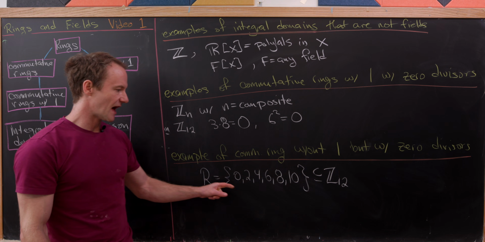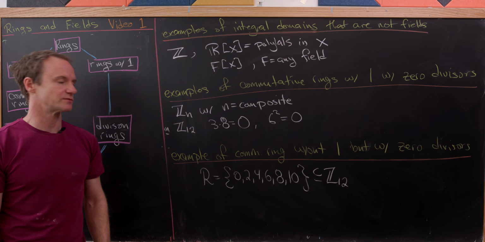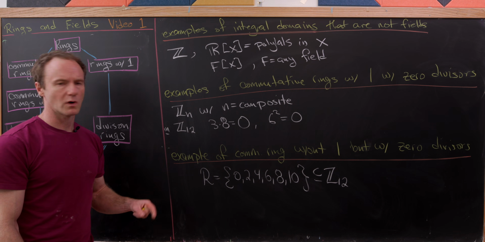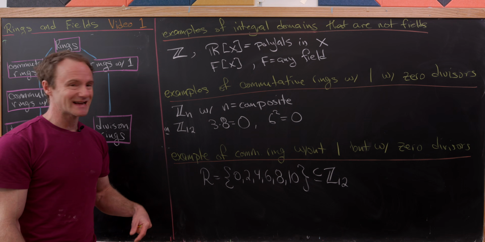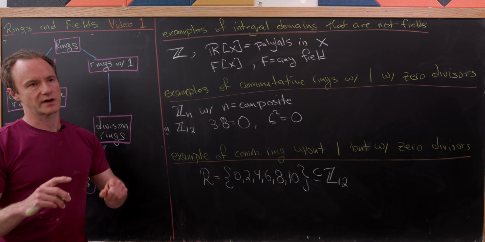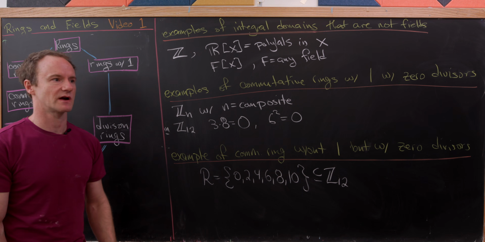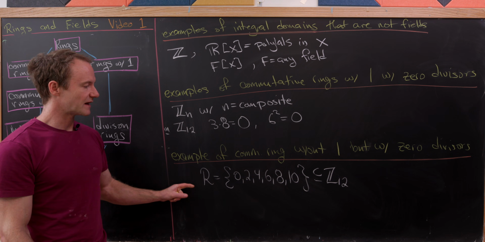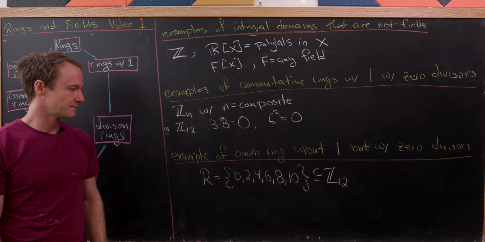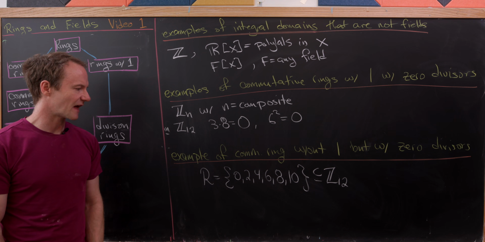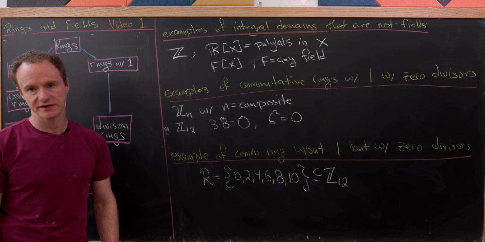Let's observe that this is closed under addition as well as multiplication. I'll let you check that if you want to, but that makes it what we'll call a subring. But let's not carefully define subring right now. We're just trying to get our heads around these definitions. But I'd like to observe that there is no element 1 here. You have to check that carefully for yourself, but it shouldn't be too bad, just some calculation.